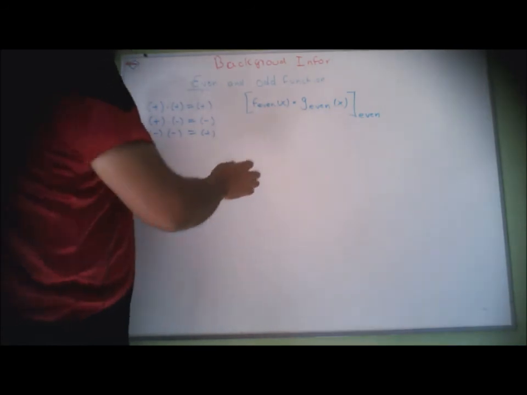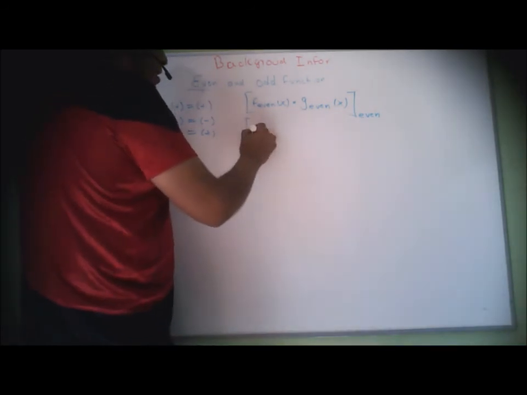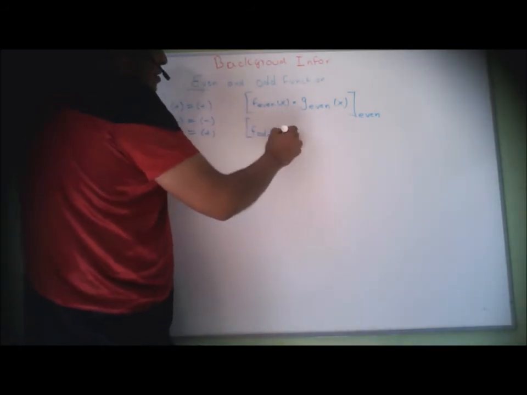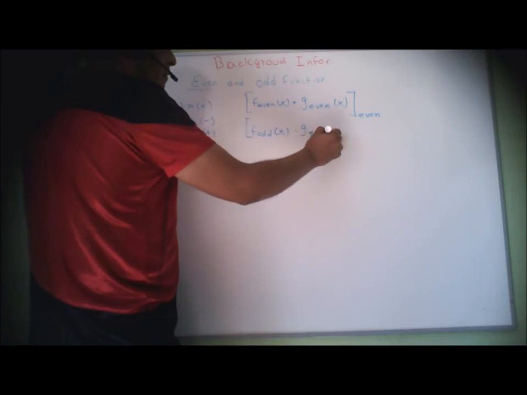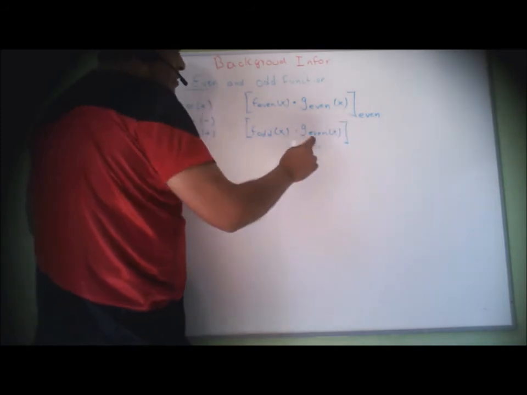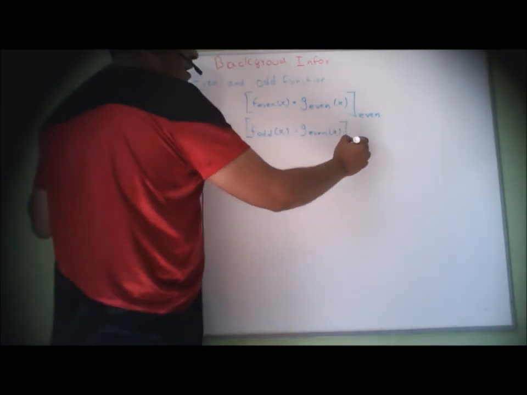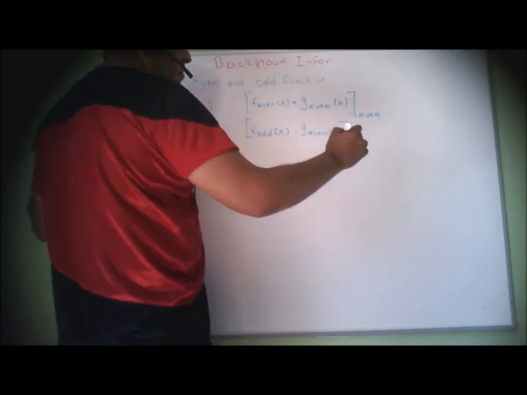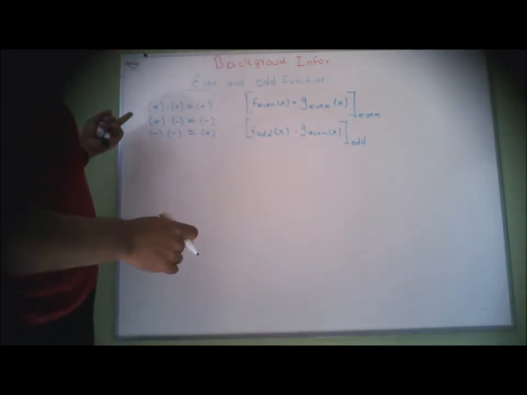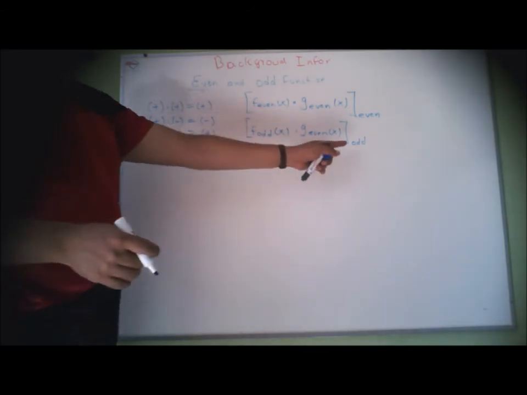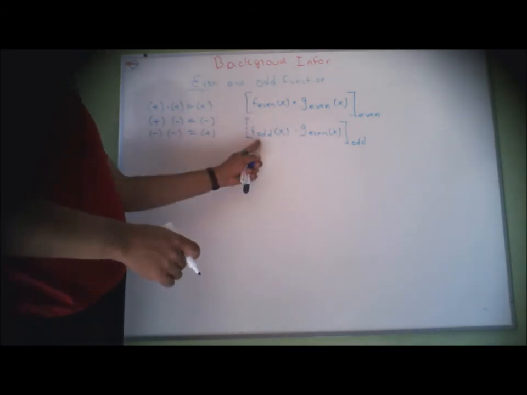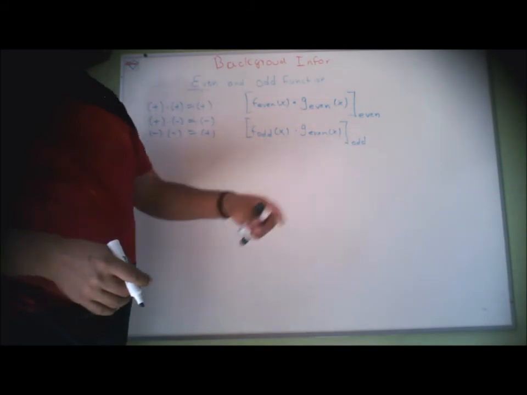Alright, now, an odd function of x times an even function of x, the result of this multiplication is going to be an odd function. Alright, so very similar to the law of the signs. Odd times even is equal to odd, or even times odd is going to be odd.